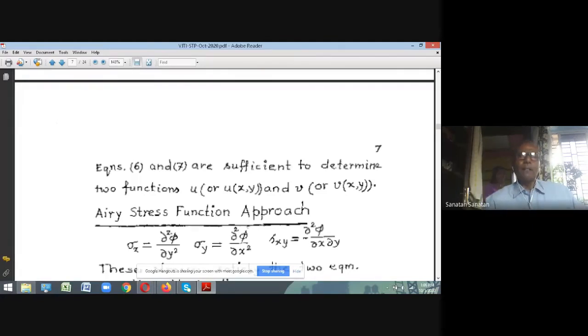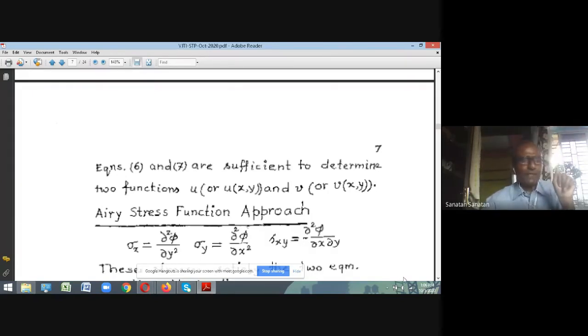So if you want to get the total unknown forces, you have to find the forces acting at the left end and also the right end. So you have two unknowns, RA and RB, the reaction force at the left end and the reaction force at the right end.